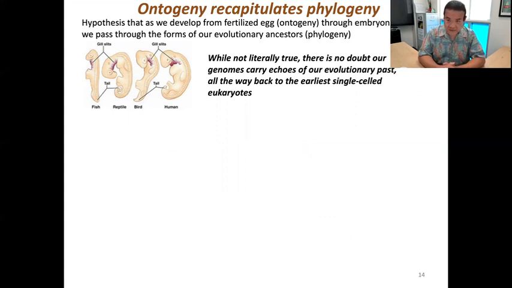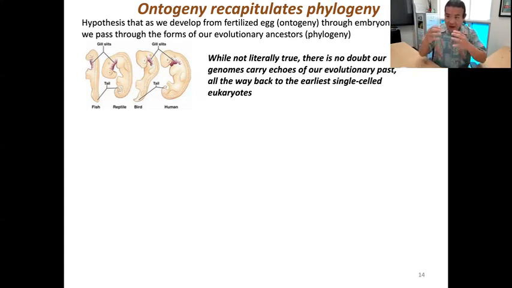What does that mean? Ontogeny refers to when a cell, like an egg cell, is fertilized by sperm and an embryo begins to develop. Ontogeny means the different shapes of the developing embryo as it grows and develops and eventually becomes a new organism that's ready to be, let's say, born.